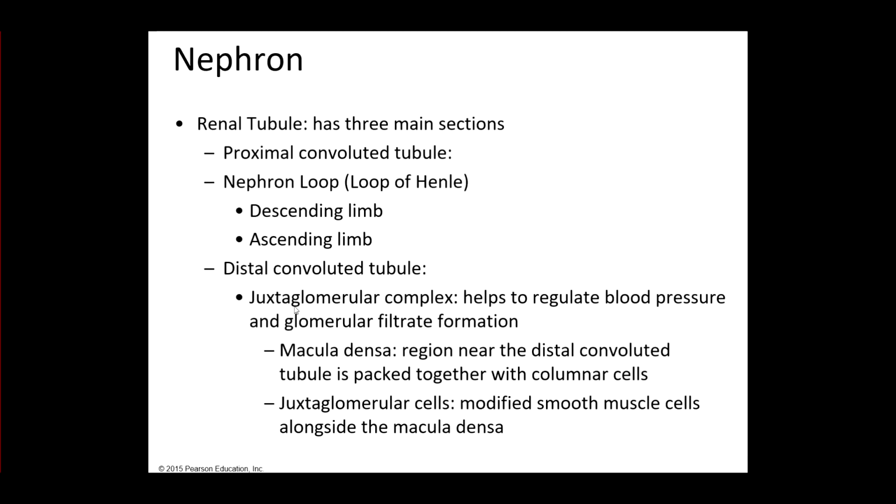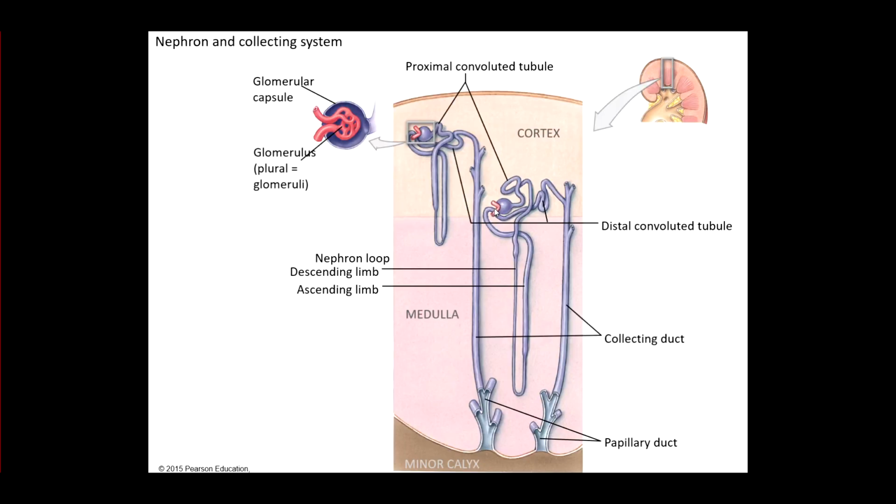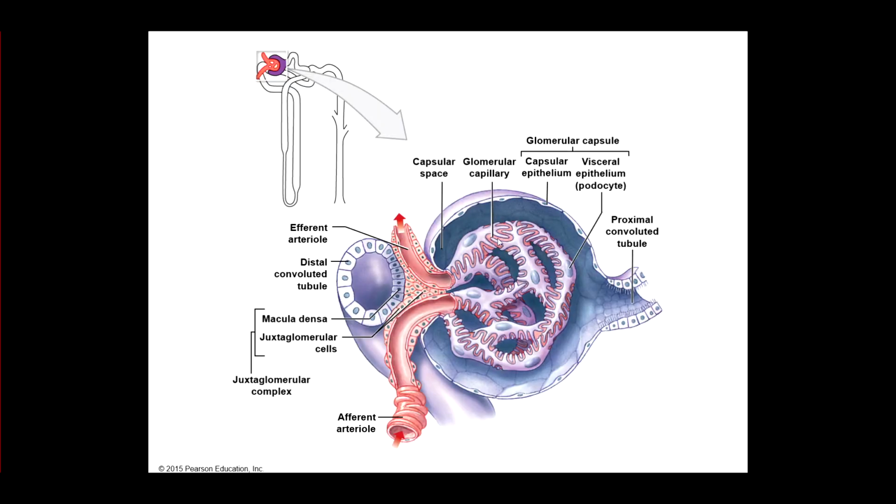So you'll notice that this distal convoluted tubule, as I mentioned before, goes back towards the afferent arteriole. So I'm going to bring this picture back here for a moment. See if you can recognize this. Here's your afferent arteriole bringing blood into the glomerulus. Here's your efferent arteriole coming out.